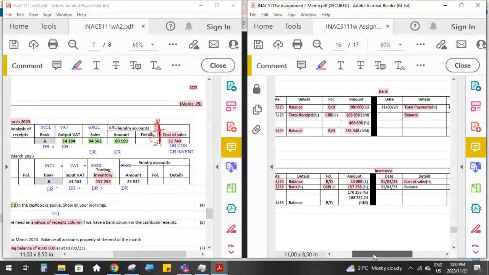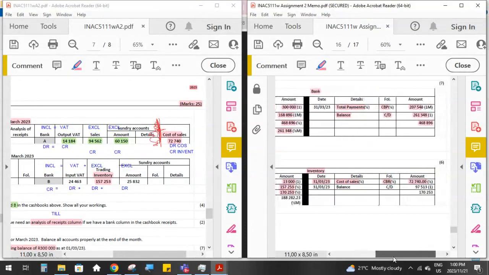Then we do the same balancing act. So I add up my opening balance plus my new purchases, 170,253 on the left-hand side. I add up my credits, which at this point is only 72,740 on the right-hand side.